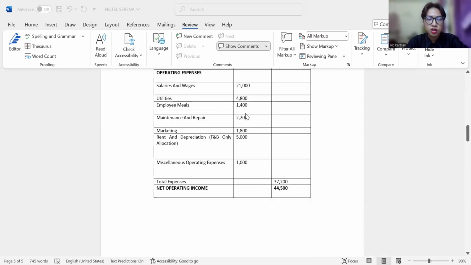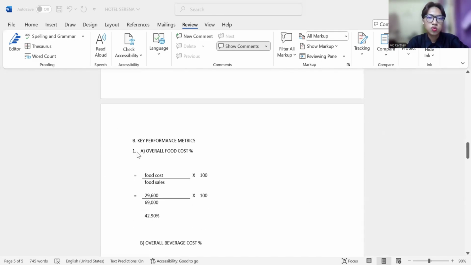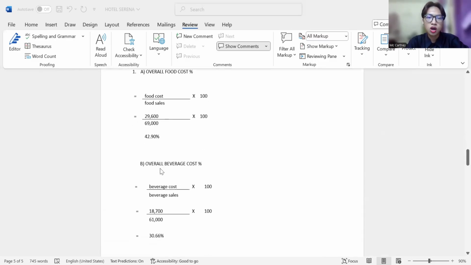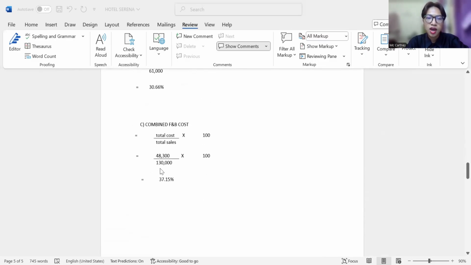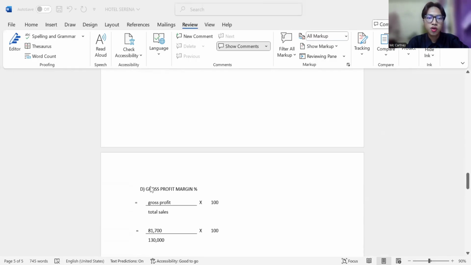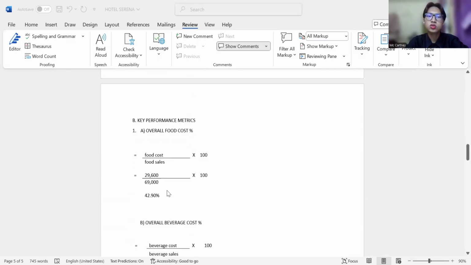Next, we go to part B, which is key performance metrics. In this part, we need to calculate overall food cost, overall beverage cost, combined F&B cost, and also gross profit margin. First, let's look at overall food cost.